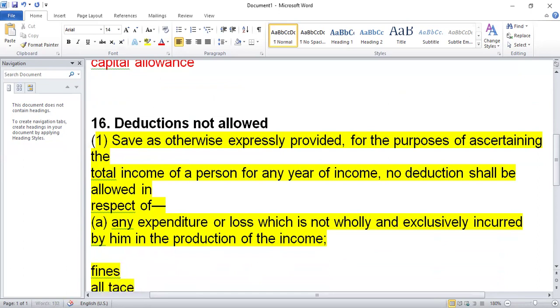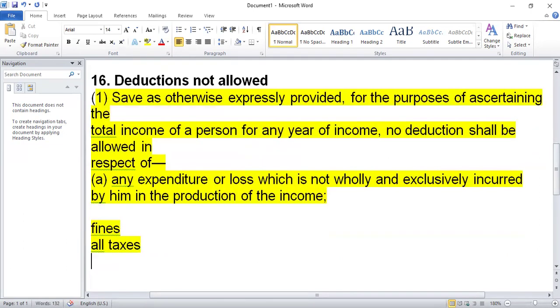All taxes should not be deducted as allowable expenses. There are also personal expenses. Personal expenses should not be subtracted as an expenditure, which is an example of a disallowed expense.